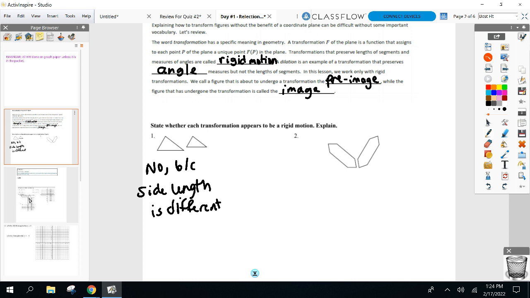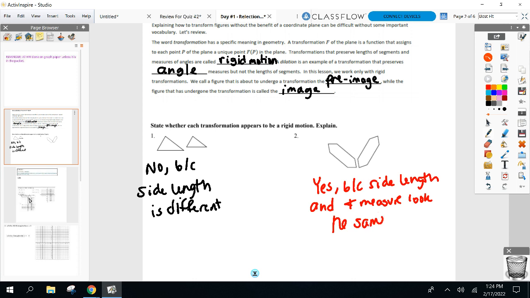I don't know what I did, but yeah, it's a rigid motion, because side length and angle measure look the same. So with a rigid motion, the original pre-image and image are congruent.